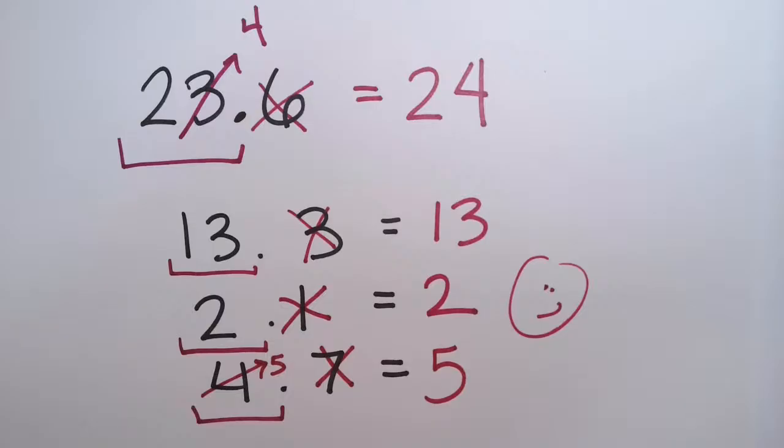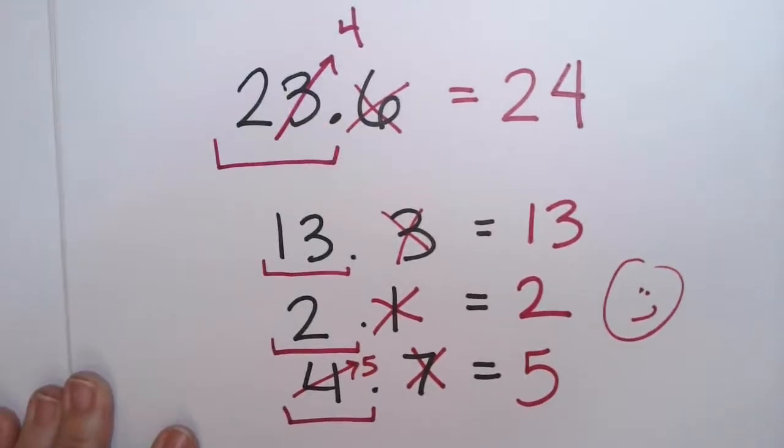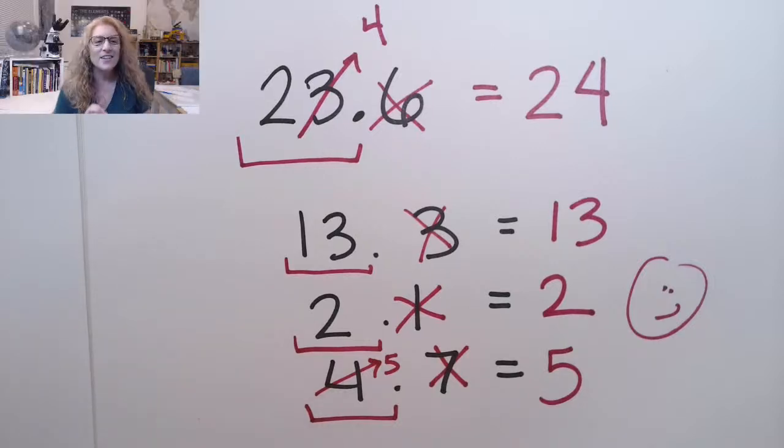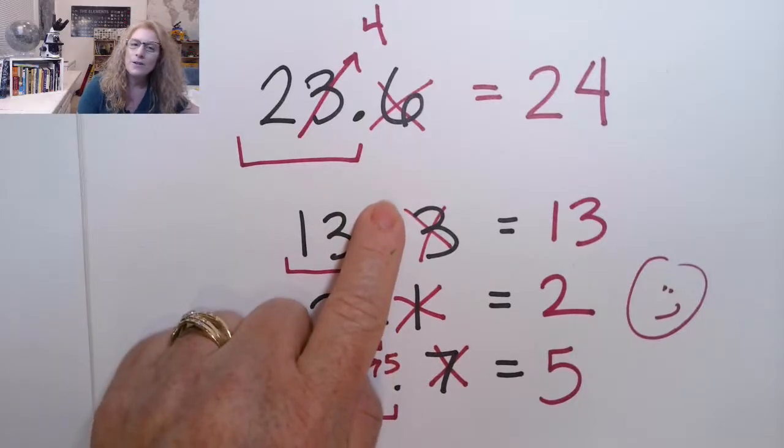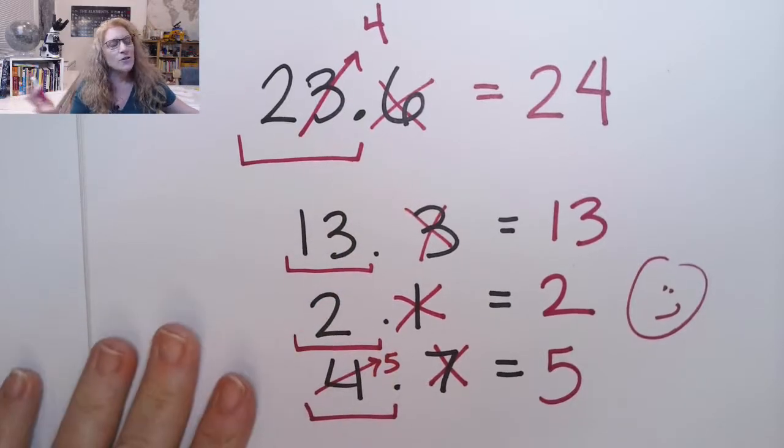Okay, and are you ready for the frustrating part? Depending on what you're doing, different disciplines will have different rounding rules. In mathematics, this is the one we use. If you're in chemistry, you'll look here and say, if this number is even, then we round one way. If it's odd, then we round the other. There's good reasons for it.